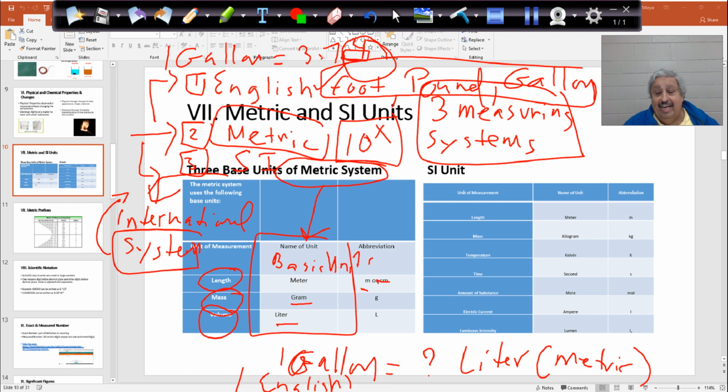The SI came after World War II, after 1945. You know the history. The scientific community met in France, and they decided to have a system because some of the countries in Europe, especially the United Kingdom, don't use the metric system.